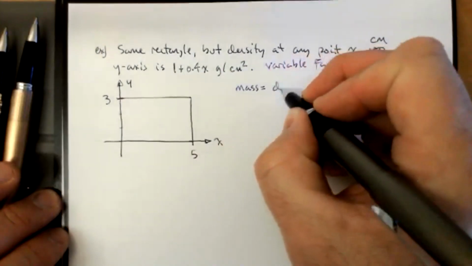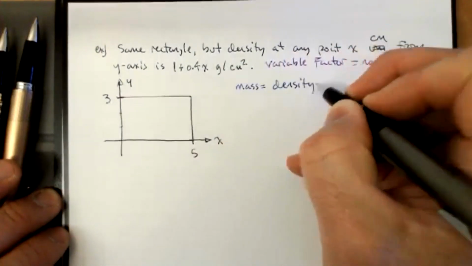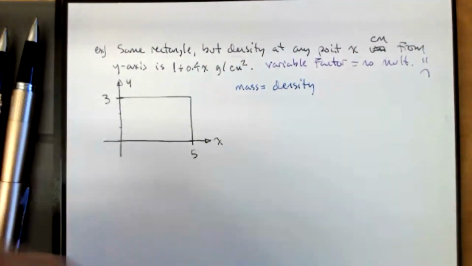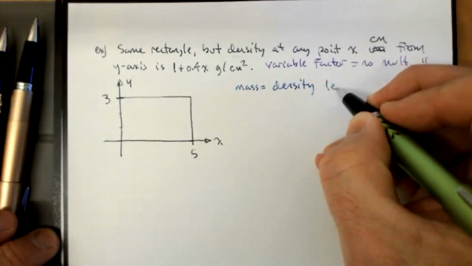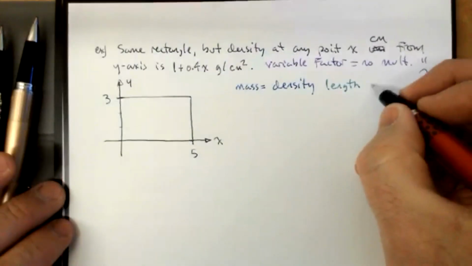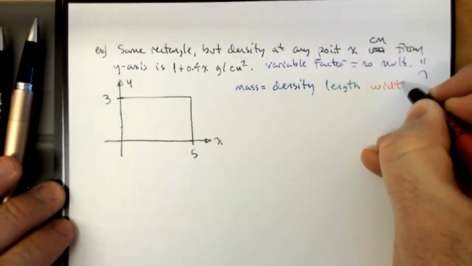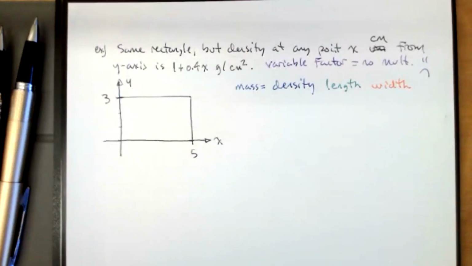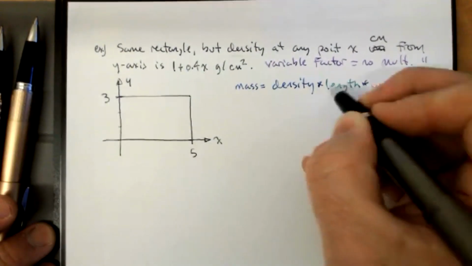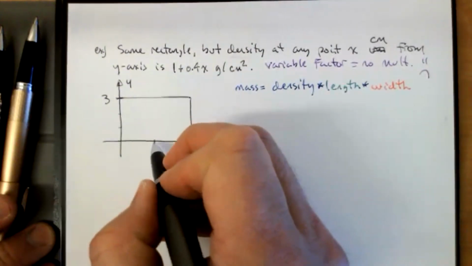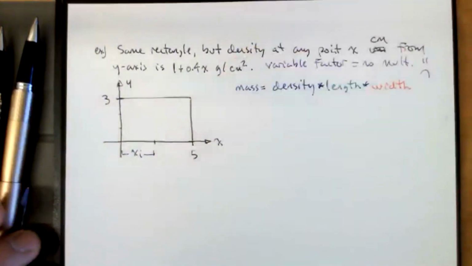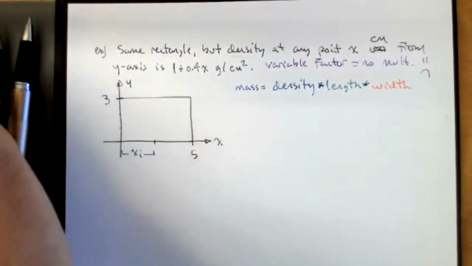So we're going to still set up mass is equal to density times length times width. We're just going to have to do this in pieces because our density is variable. So at some point, x units from the y-axis, my density is constant.